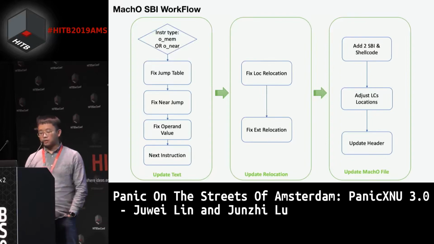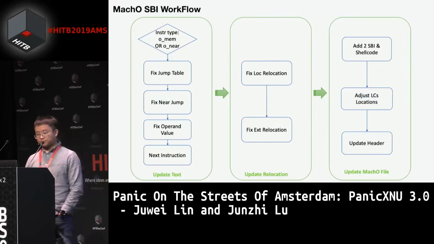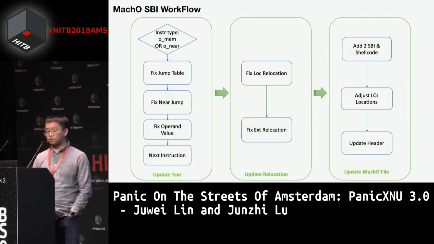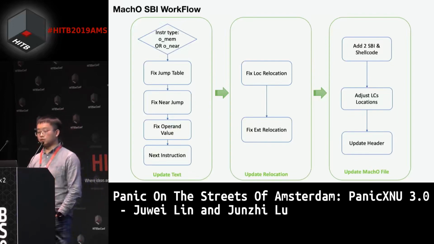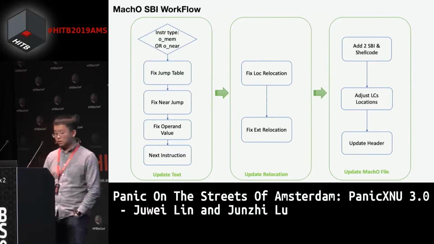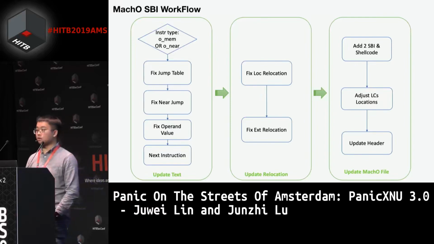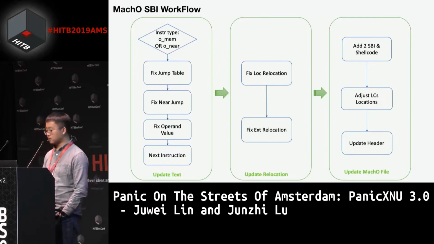You must fix all the target instructions. In our tool, we only focus on the instruction types: memory and near. For those instructions, we fix the jump table, fix the near jump, and fix the operand value. For the second part, we must fix the local and external relocation.